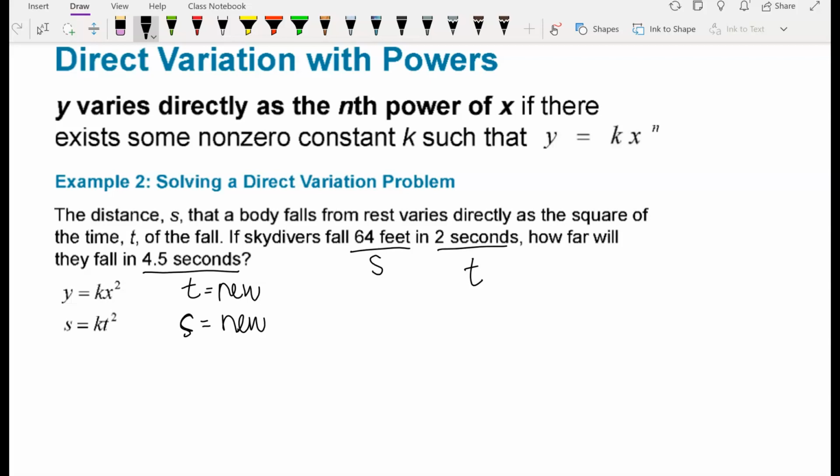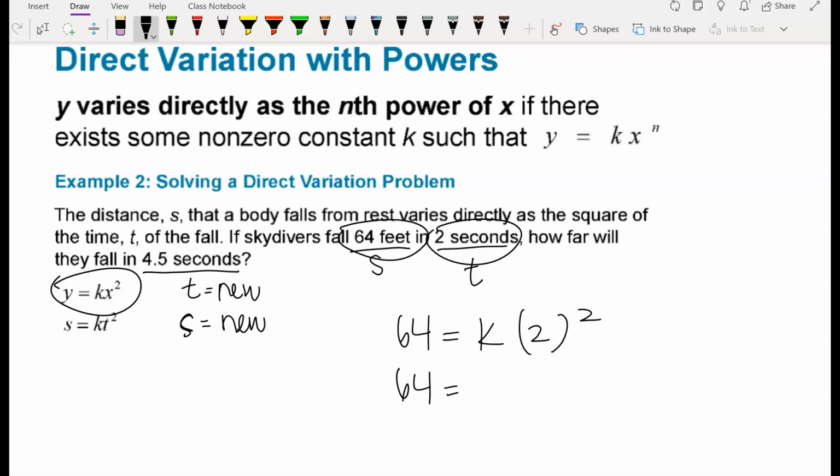First we're going to use what we have to find what k is. So remember y is s. So 64 equals k times, and then t is x, so 2 squared. So 64 equals k times 4.